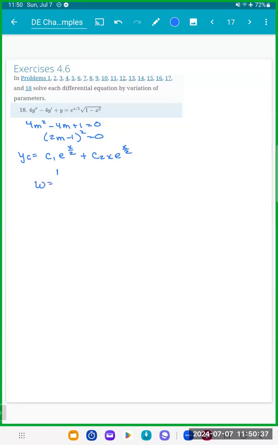Doing our matrix, we end up with e to the x over 2. And here we have x e to the x over 2. Taking the derivative of each of those, we end up with 1/2 e to the x over 2 and 1/2 x e to the x over 2 plus e to the x over 2.